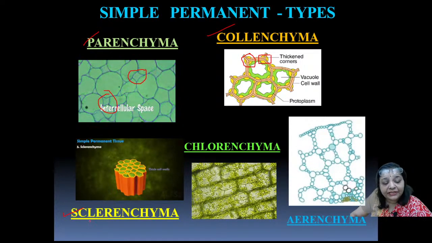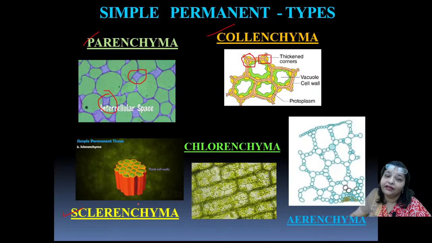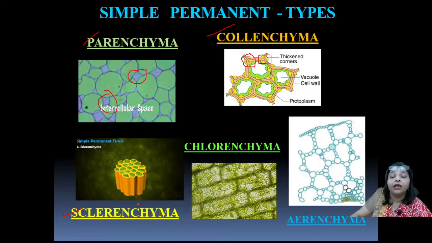Whereas the third type is sclerenchyma tissue. Sclerenchyma refers to the fibers, long dead cells which have a very thick cell wall made up of lignin and materials like suberin also. These long tapering cells are dead cells.